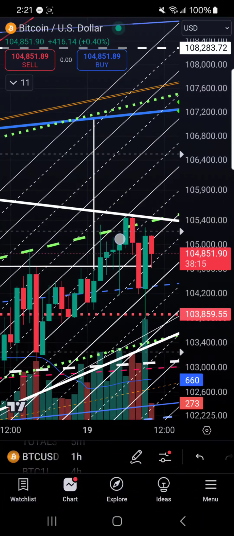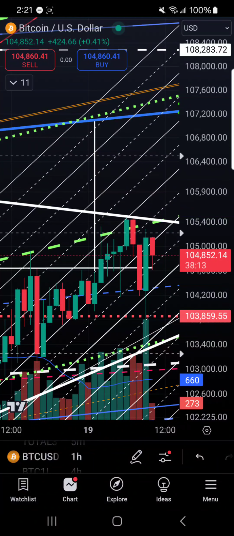So I think we can safely get rid of these targets.